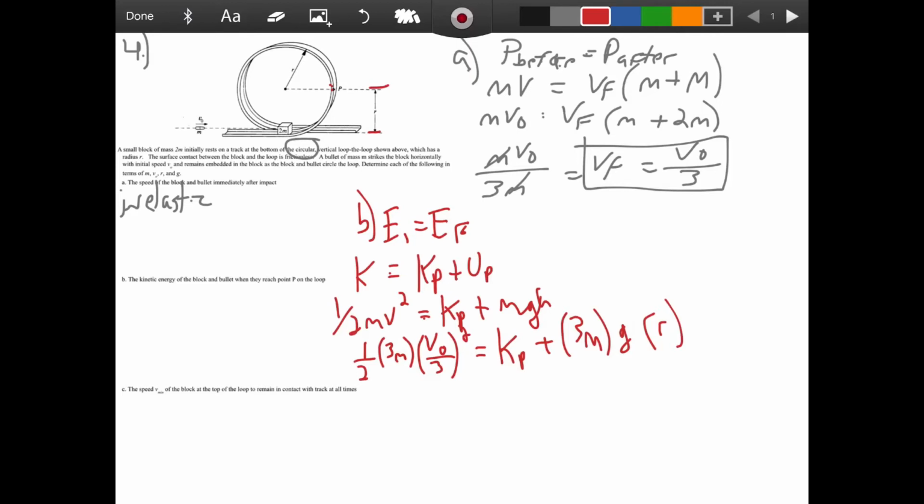So we have 1 over 2 times 3m v naught squared all over 9, 3 squared is 9, equals Kp plus 3m gr.